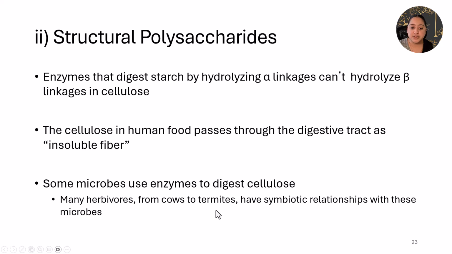For example, termites eat wood, and wood is a plant, with plant cell walls made of cellulose. The termites can't break down the cellulose, but they have microbes in their tiny guts that can break down the cellulose. And that's how they work together in a symbiotic relationship to end up breaking that down.